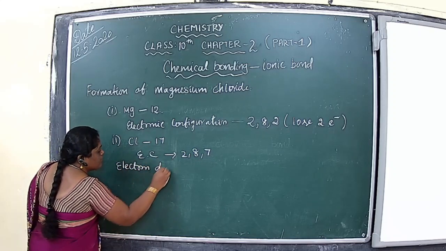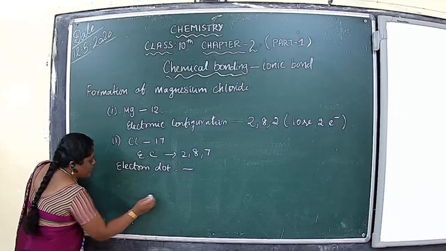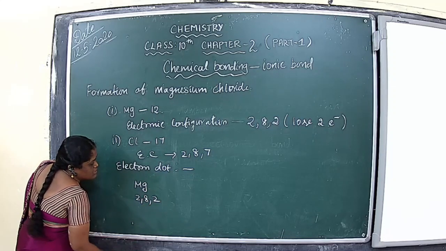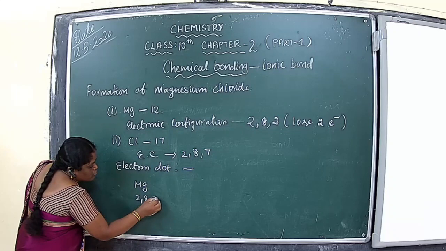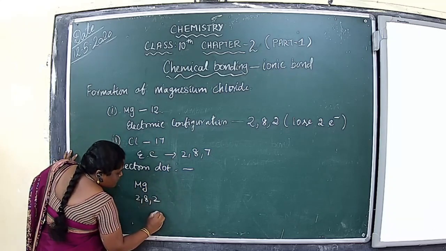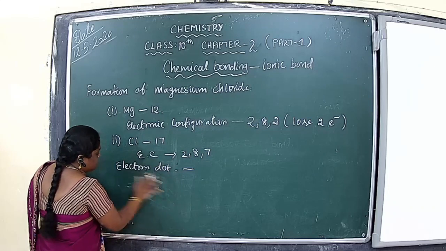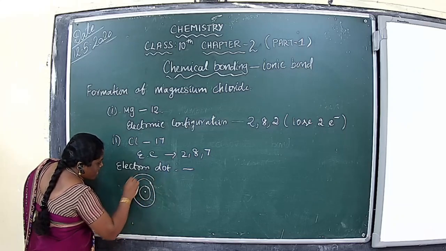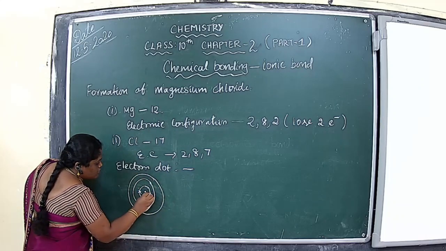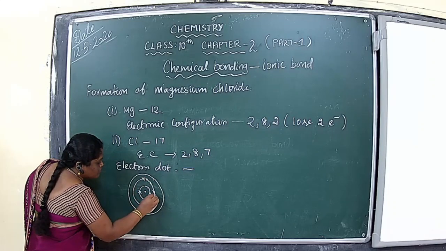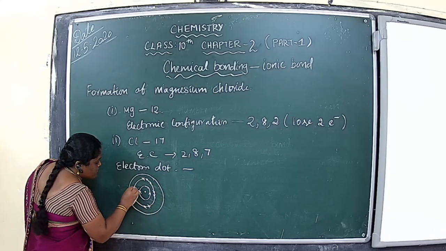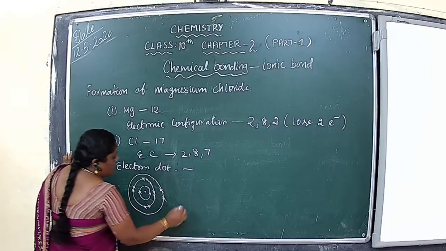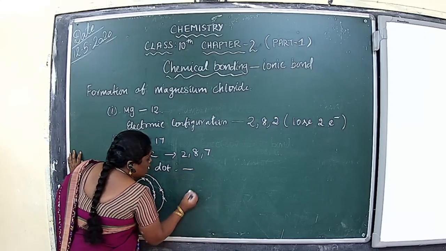Now the electron dot structure. Magnesium is 2, 8, 2.